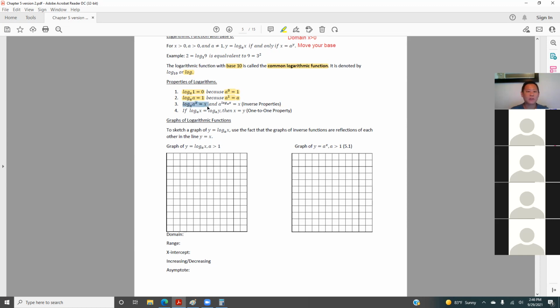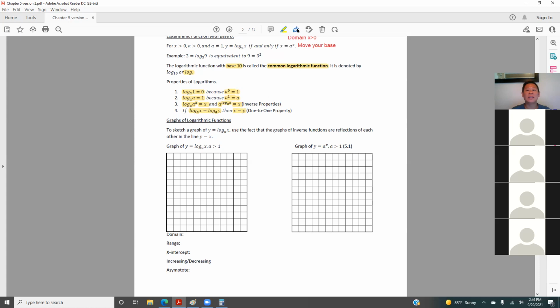Moreover, this is very special. When you have log base a of a^x, your base and your argument are the same, but your argument has a power of x, so that x is your answer. The reason is that log a of a^x is equal to x, and this is called an inverse property. The last one is called the one-to-one property. If you have an equation and the logs are the same base, then the arguments are also equal to each other.